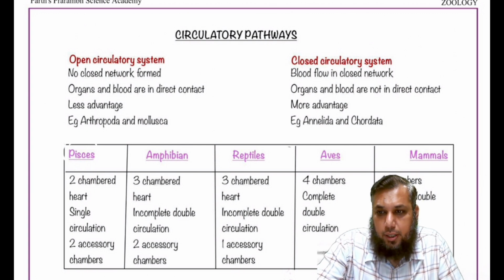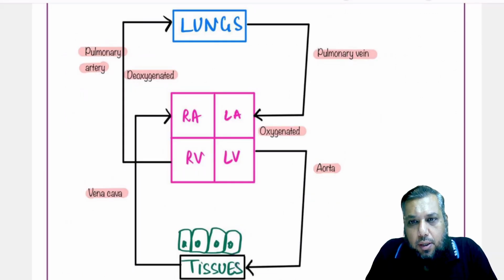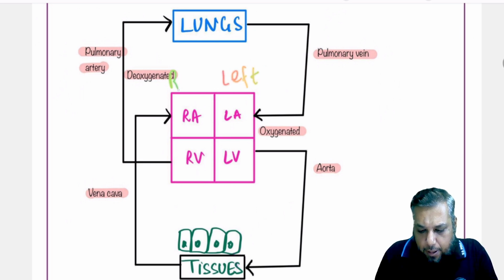So the next thing to be studied is the human heart. As we have already spoken about body fluids, let us talk about the human heart and take a quick glimpse at what we mean by double circulation. So as we already know, the human heart can be divided into the left and the right side.